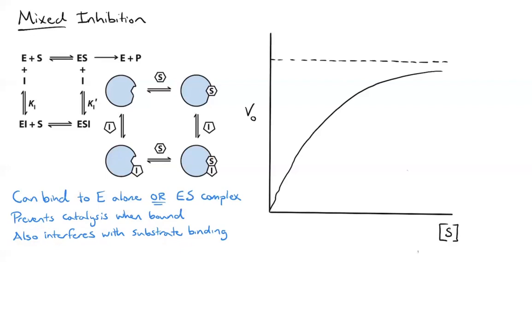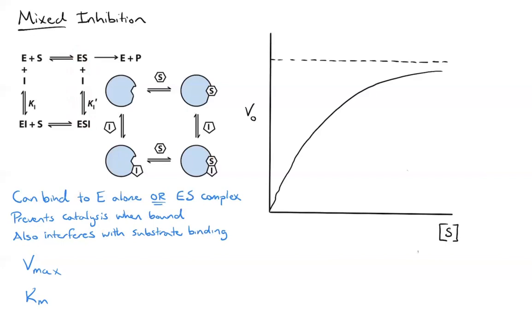In terms of how this affects our kinetic parameters, we have Vmax again that we have to consider and Km. And hopefully based on our discussion with uncompetitive inhibitors, we can recognize that when the inhibitor is bound to the enzyme substrate complex, right, which is a scenario that is present in our diagram here, that's going to interfere with the rate of the reaction that can be carried out after that complex forms.